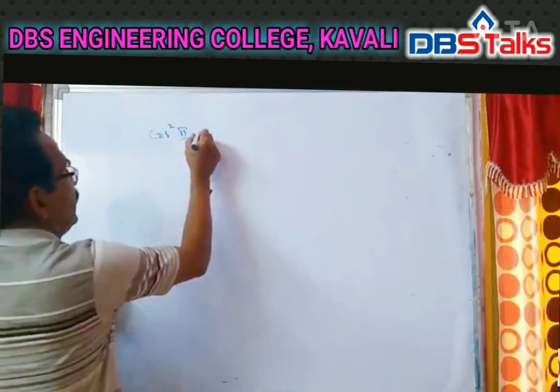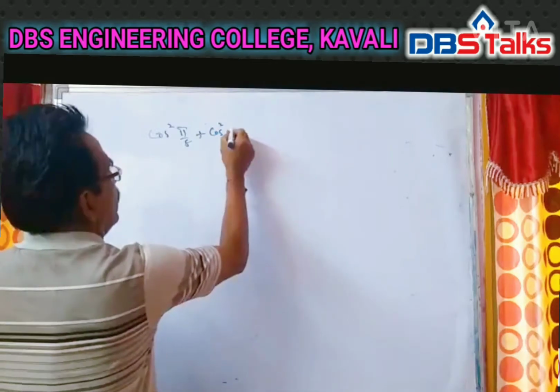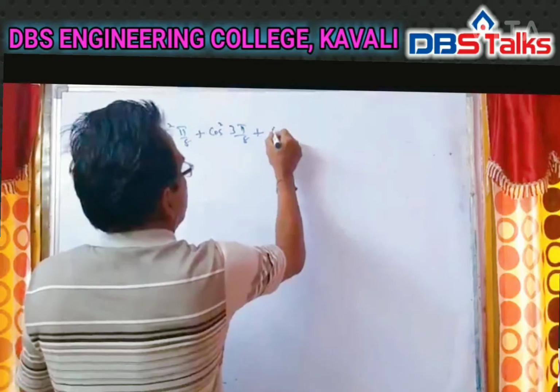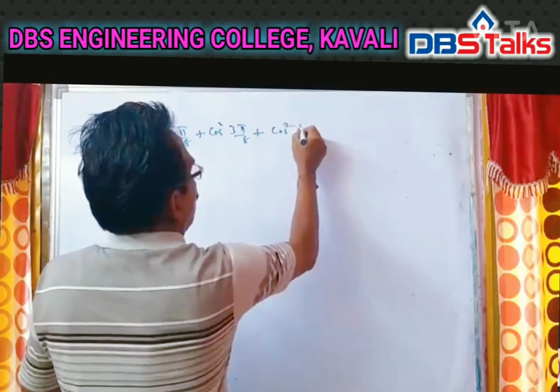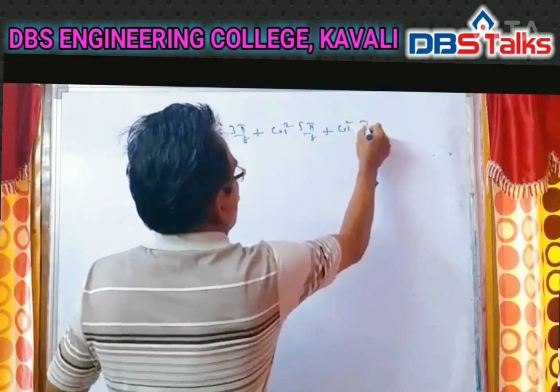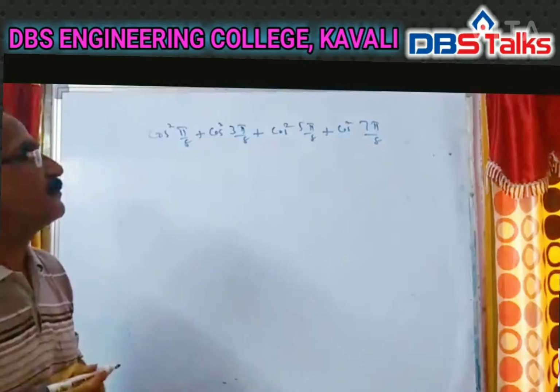Cos square pi by 8 plus cos square 3 pi by 8 plus cos square 5 pi by 8 plus cos square 7 pi by 8. Right friends?